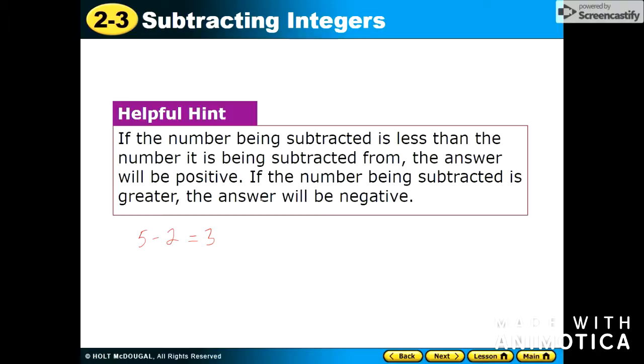But if that was reversed, so if the number being subtracted is greater, okay, so now our first number is smaller. So if we had like, let's just say we had that reversed, so 2 minus 5, the answer will be negative. Okay? You were always told by your elementary school teacher, you can't do this, right? That's why I call this method right here, you'll hear me refer to this as elementary math.